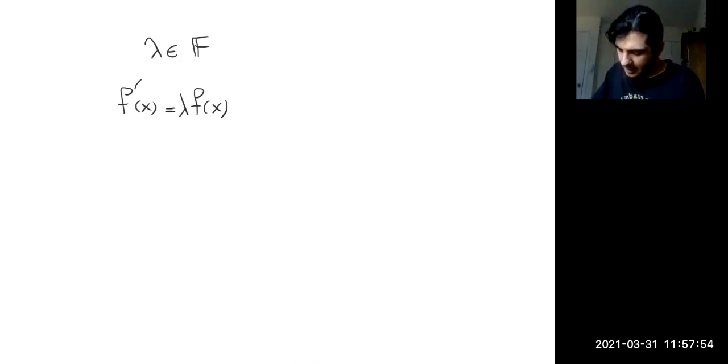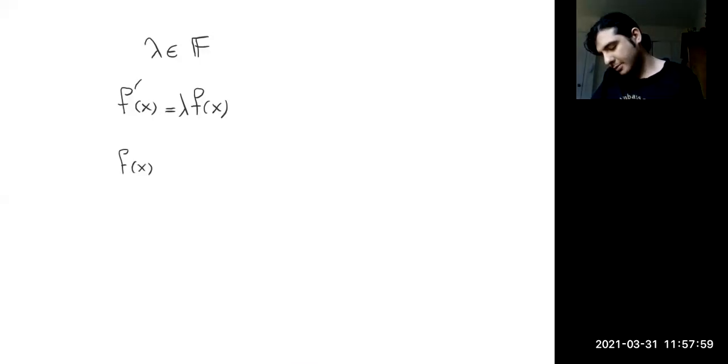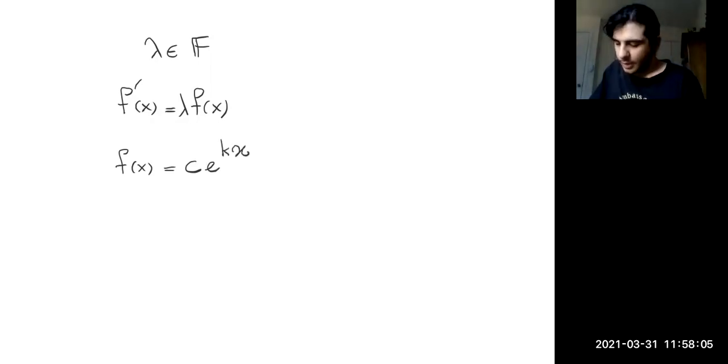In the chat, we see one suggestion: f of x equals c e to the kx. So what is k here? I think you mentioned k is the same as lambda, if I heard you correctly. Oh, for any c. So, well, let's take it to be k. Let's see what we would get. Yes, c and k are two scalars.